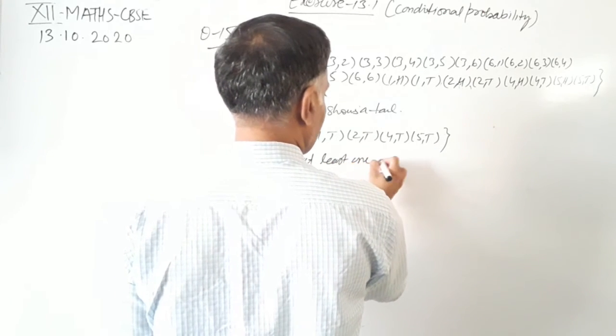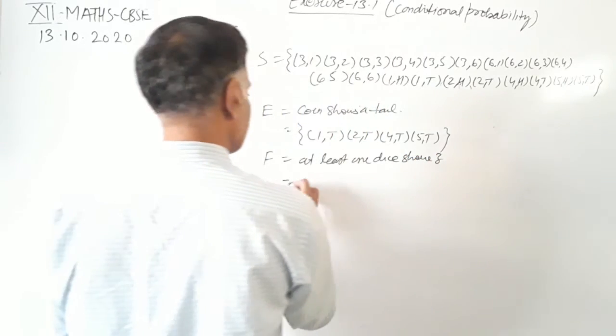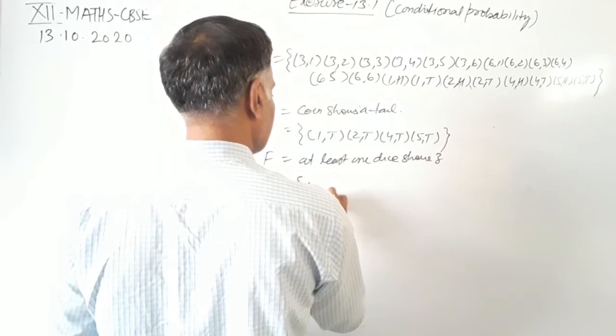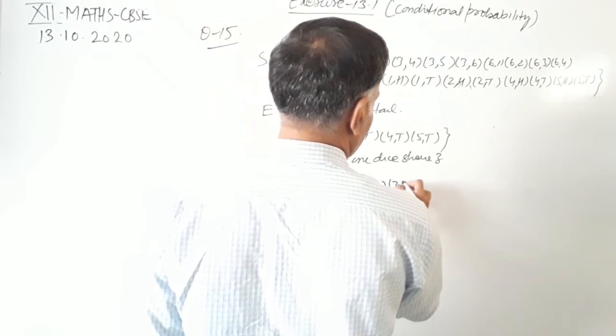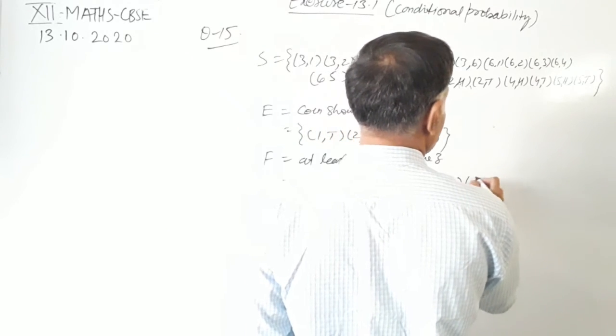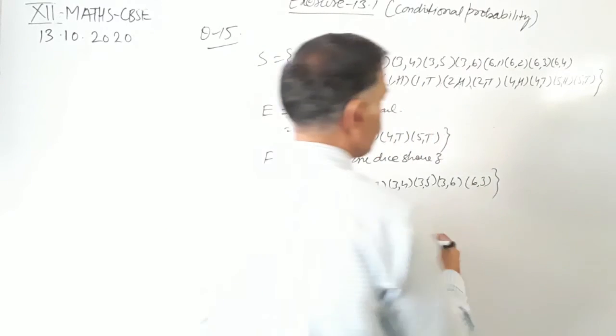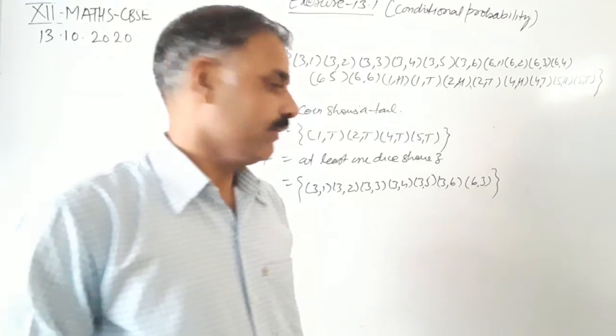So this is 3 1, 3 2, 3 3, 3 4, 3 5, 3 6, 6 3. These are the sample points in F.